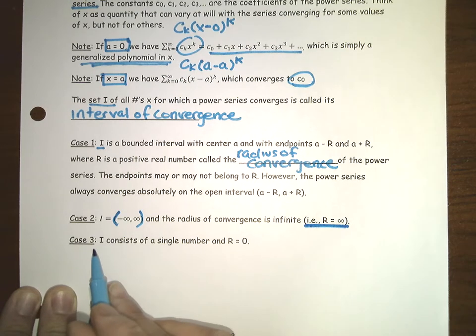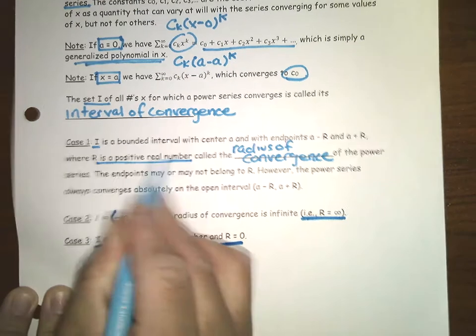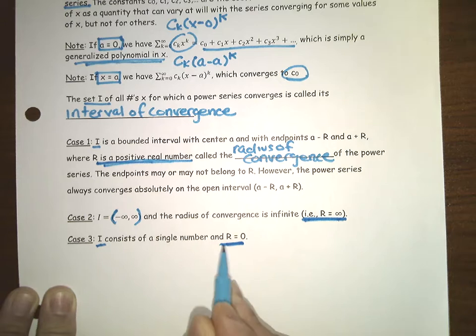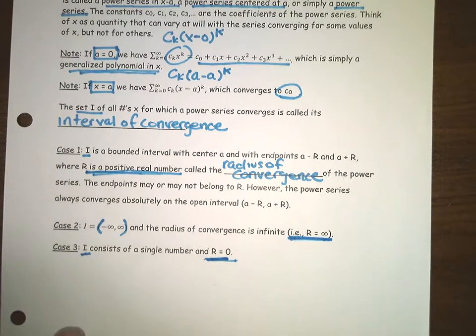And in the last case, the interval I consists of a single number, and then r would be 0. So either r is a positive real number, r is infinity, or r is just 0. And because this is a radius, hopefully you're already thinking it wouldn't make sense for this to be a negative number.